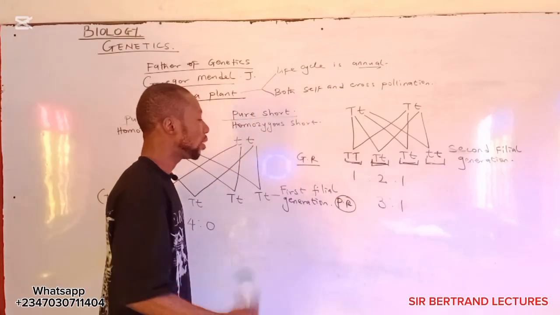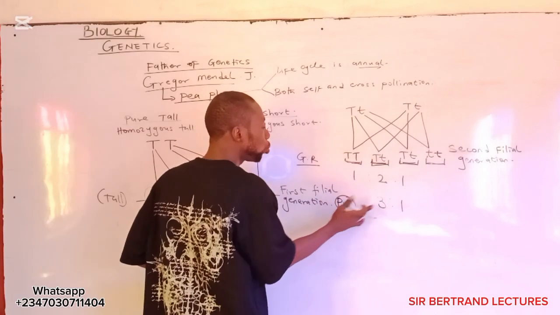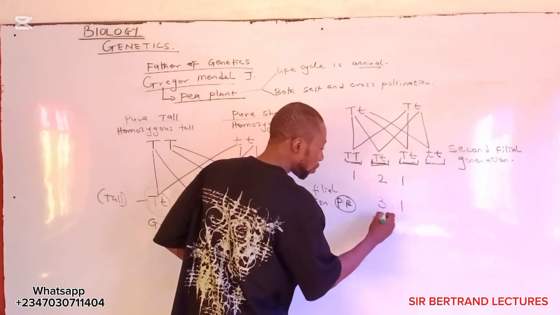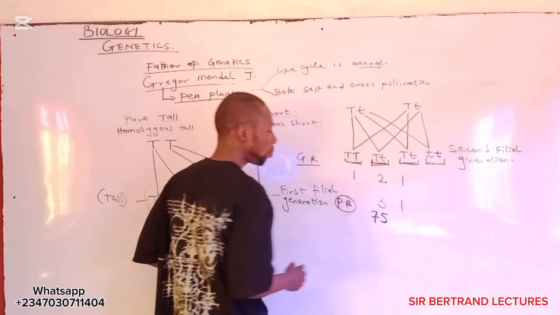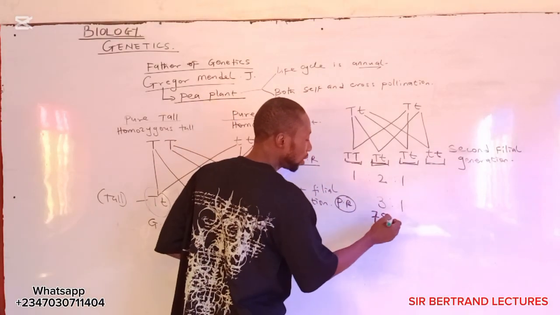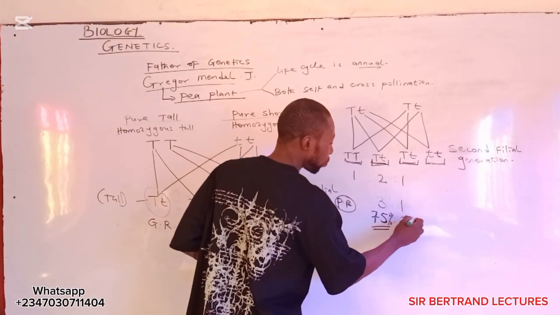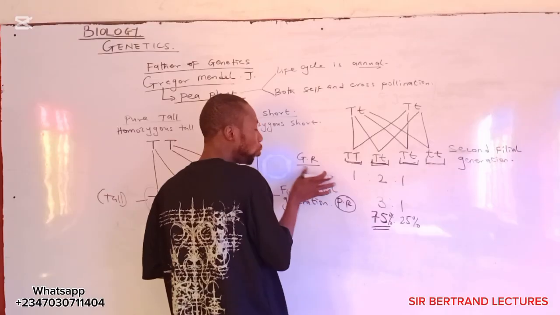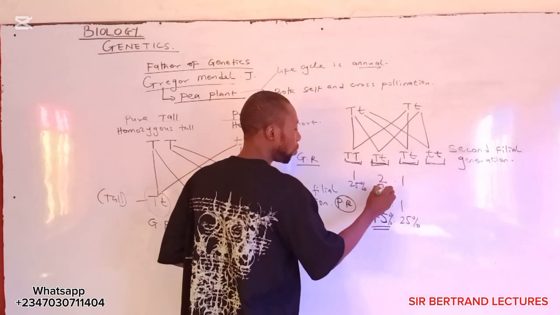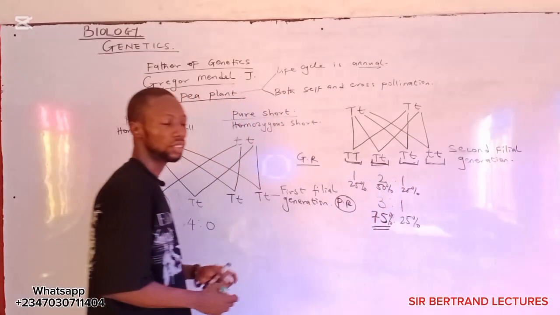All right. Then it says that the probability of this organism to produce offspring that are tall is 75%. The probability of producing tall offspring is 75%. Then the probability of producing short offspring here is 25%. Then for the genotypic ratio here, this is 25% for this gene, this is 50% for this gene, this is 25% for this gene.